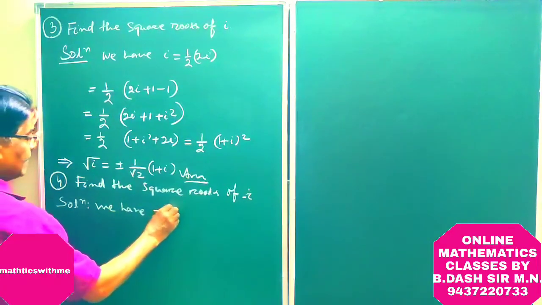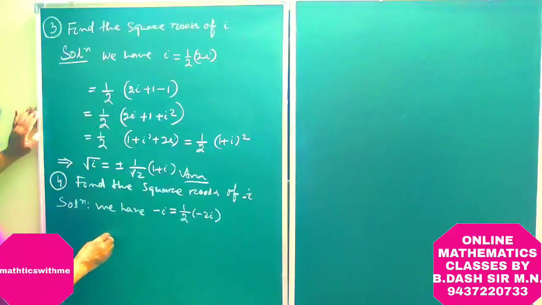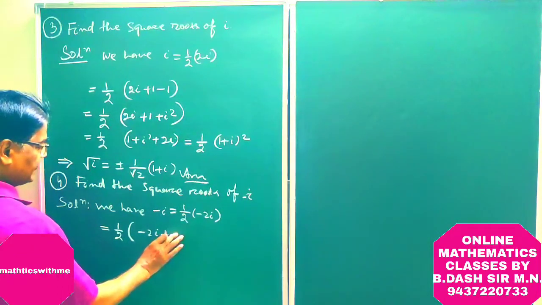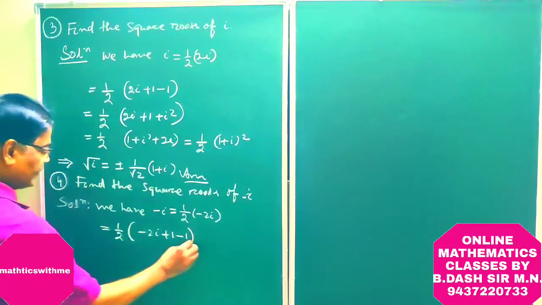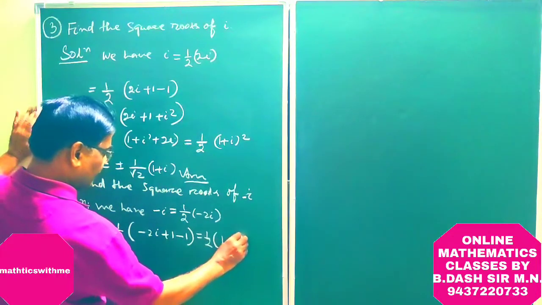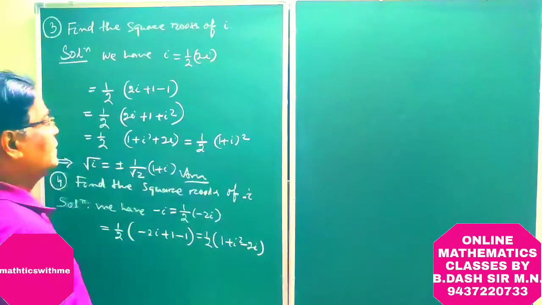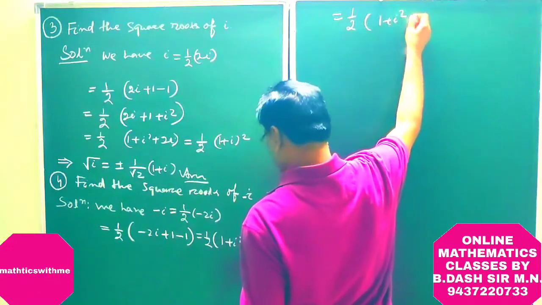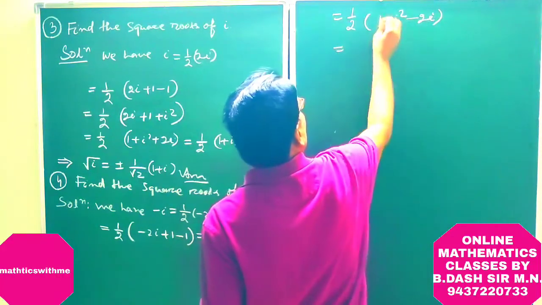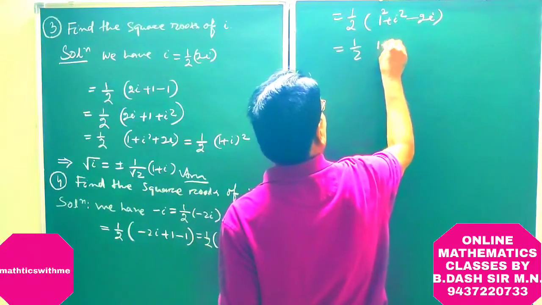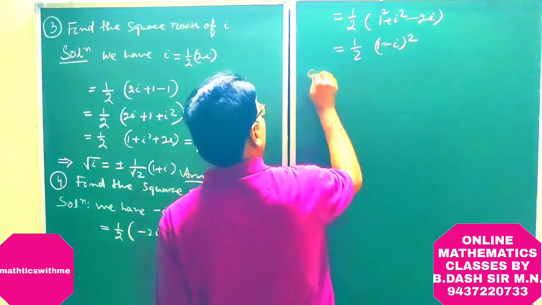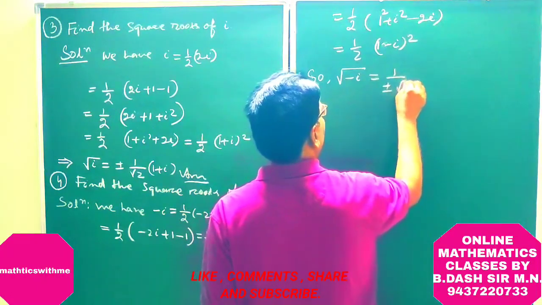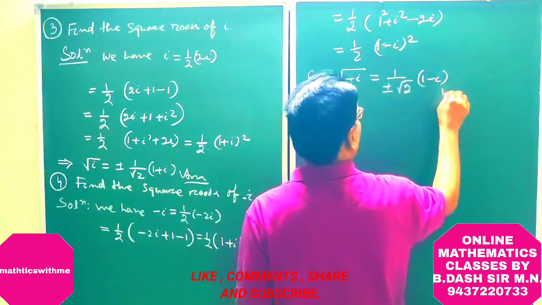We have −i = 1/2 × (−2i), which is 1/2 (−2i + 1 − 1). This equals 1/2 (1 + i² − 2i), which is 1/2 (1 − i)². So the square root of −i is equal to ±(1/√2)(1 − i). Answer.